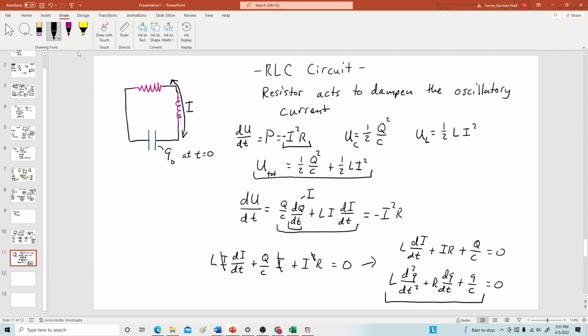What will happen will depend on the value of R. And if you think about it qualitatively, this should make sense.